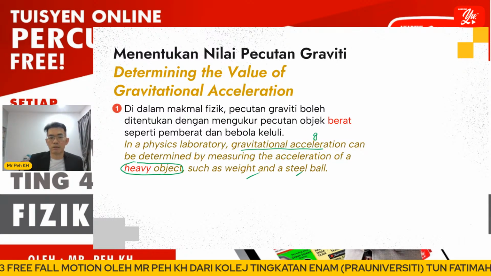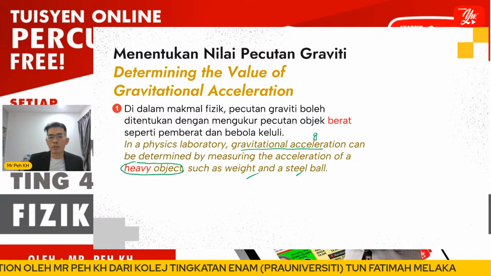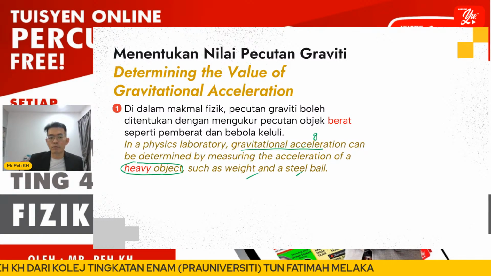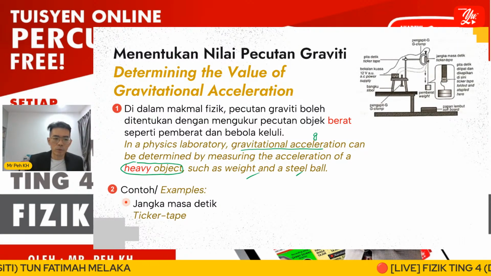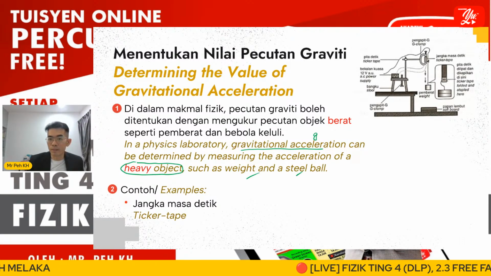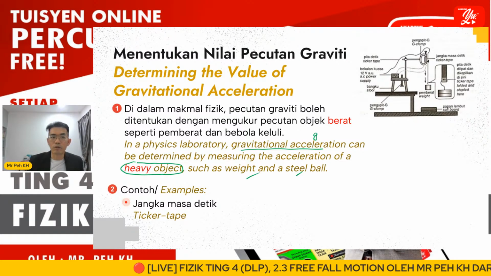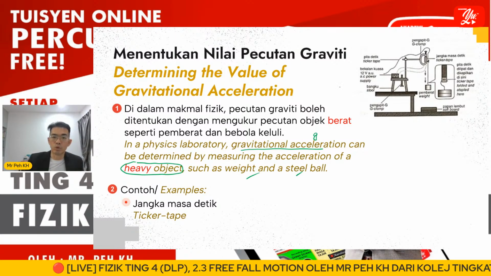So the heavy object falling down can be considered as free fall motion. Here we actually have two methods to determine the value of gravitational acceleration, g.